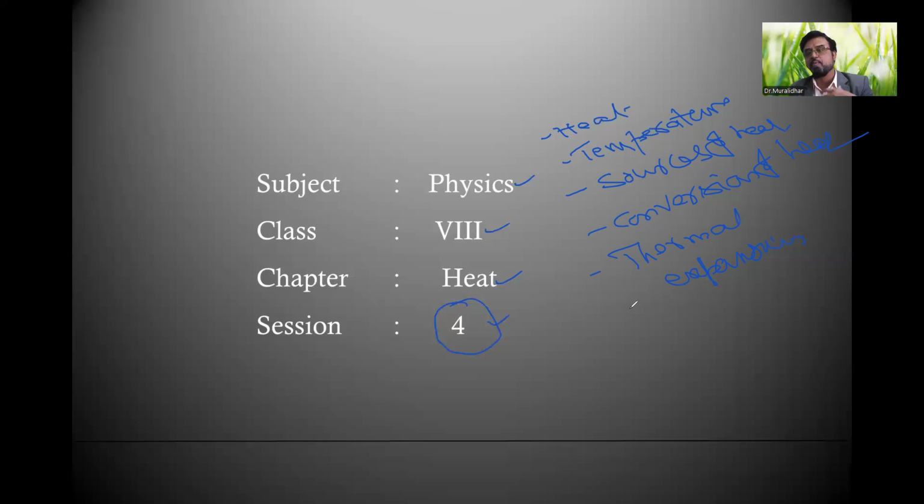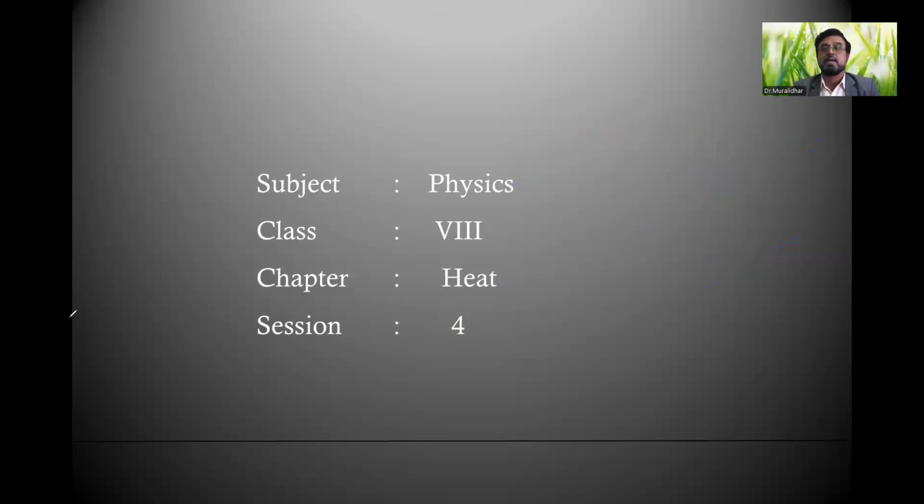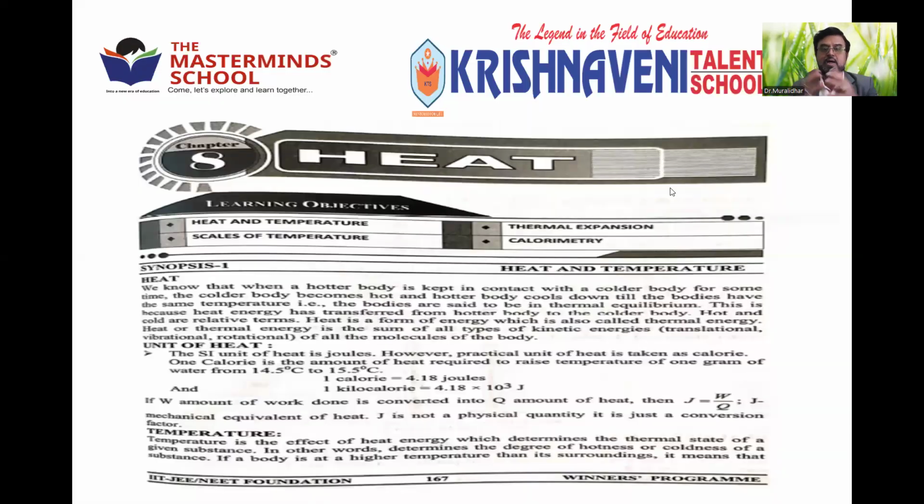Whenever any body, whether solid, liquid or gas, is heated, it undergoes expansion. But the difference is that solids have a regular geometrical shape due to perfectly arranged molecules.